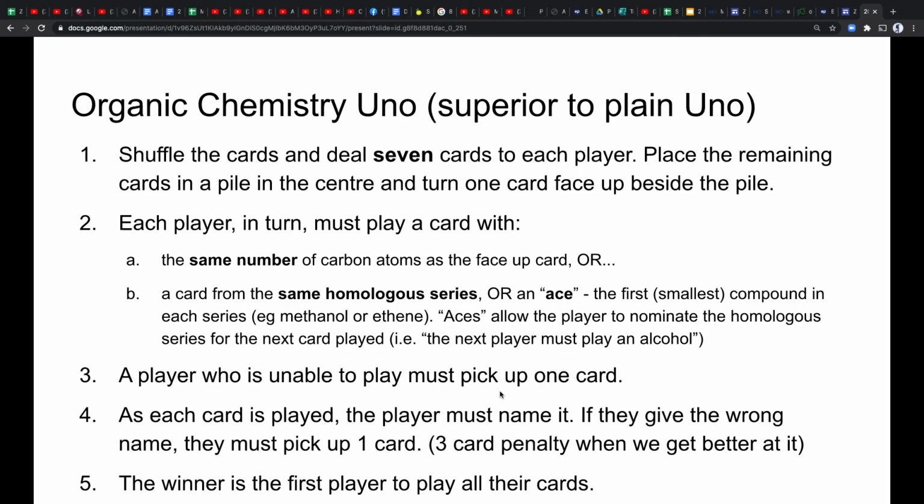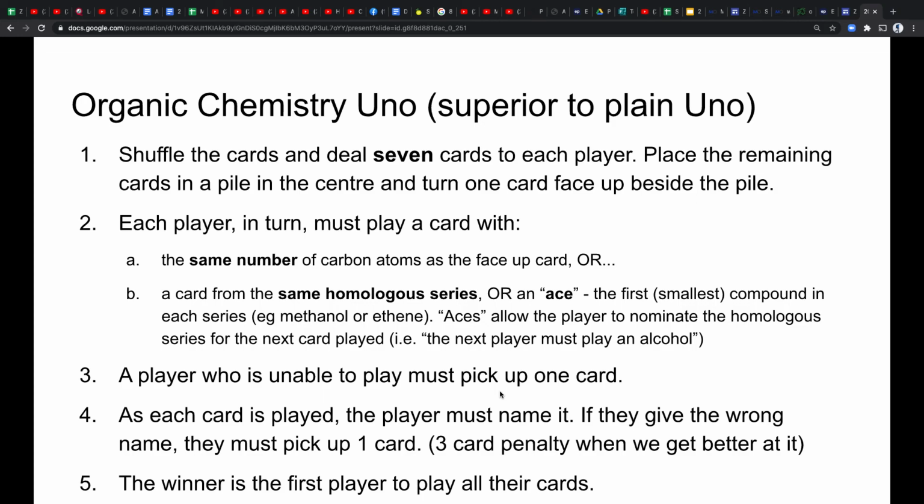It doesn't necessarily have to be the same functional group. So if you have ethanol, ethanol has 2 carbons, right? Eth meaning 2. And if you have ethanoic acid in your hand, you can play that. So even though they're different functional groups, they have the same number of carbons, so you can play that too.